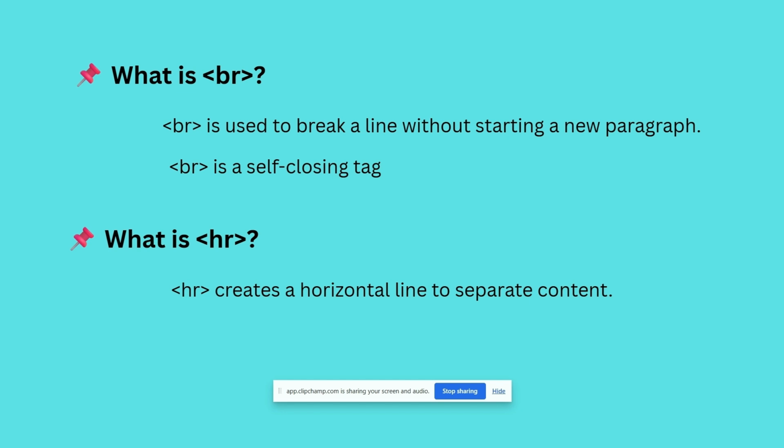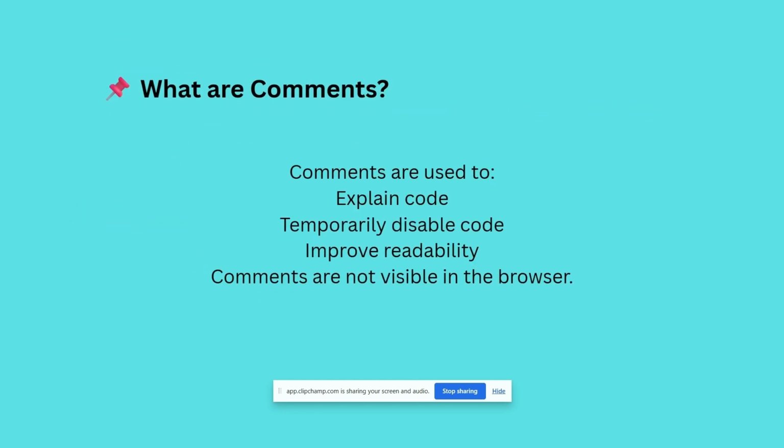Separating the line, and using the HR tag, we can draw a horizontal line to separate the content. Then the most important thing is comments. Comments are written for developers, not for users, because a comment is not shown in the browser. Users cannot read the comment. While you are coding in a company or organization, you won't write just one or two lines, you will write thousands of lines.